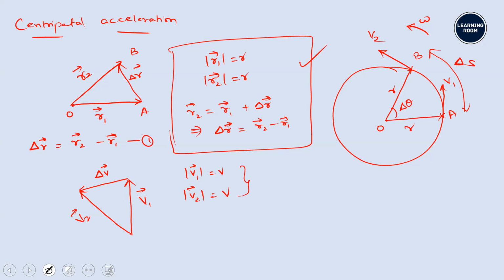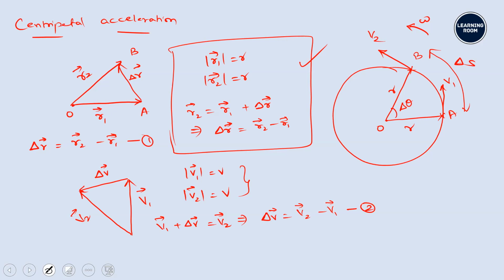Having these 2 points in mind, we can say v1 vector plus delta v vector is equal to v2 vector, according to the triangle law of addition. So from this I can conclude that delta v vector will be equal to v2 vector minus v1 vector. Let me call this equation number 2.